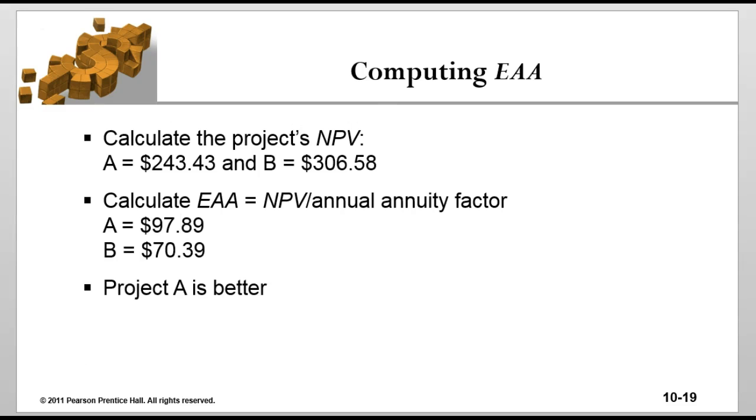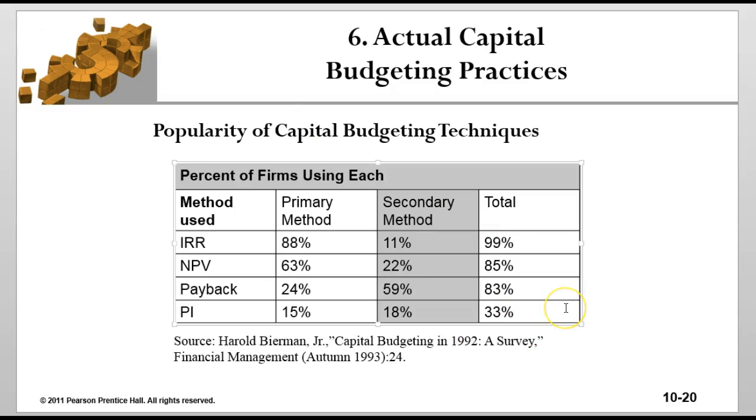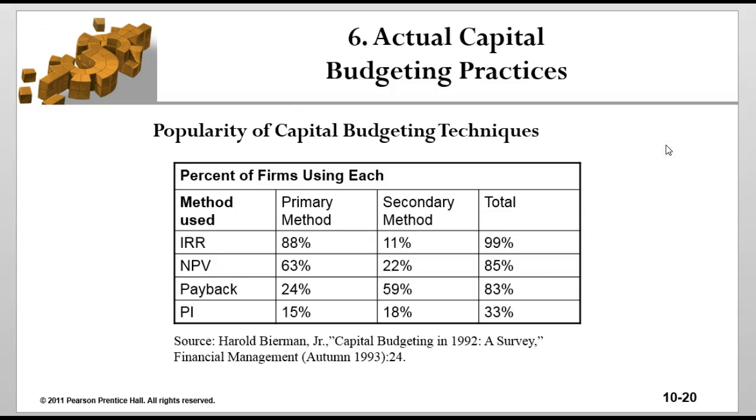Now, an interesting fact, and this is something to really think about, they did a survey of several CEOs and CFOs and asked which was their primary method that they used to decide on capital expenditures or capital budgets. And the majority used IRR, which will cause you to pause when we go through the calculation of IRR and the advantages and disadvantages.